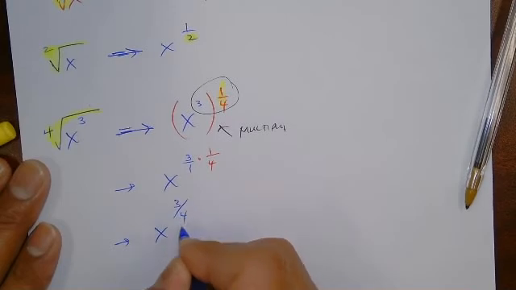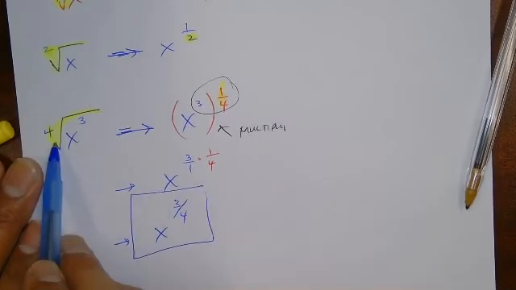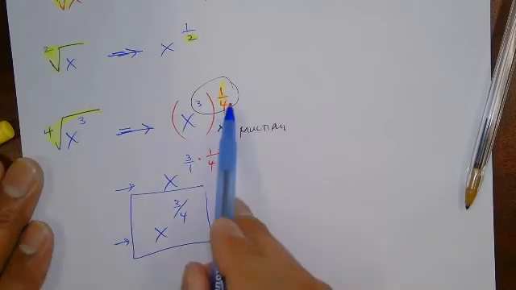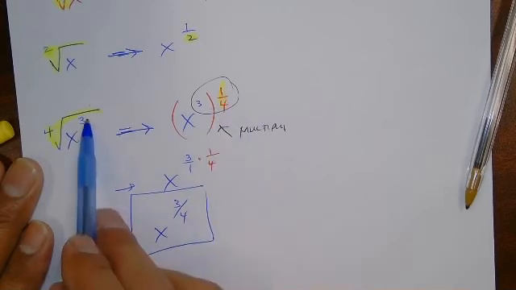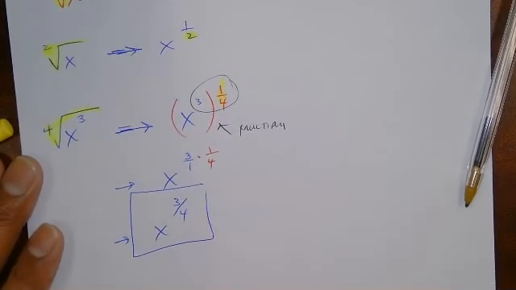It'll be 3/4. The 4 where the radical is goes in the denominator, and this other number will be on the top. But this is the reason why.